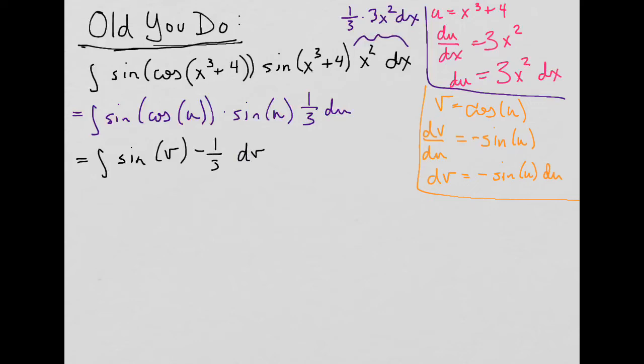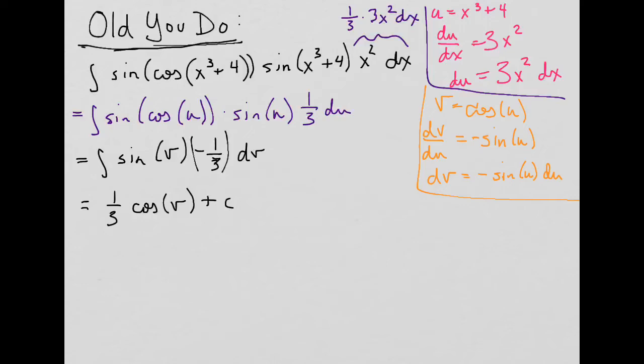So that 3 is coming out a little funky. All right, so then this is times negative 1/3, not minus 1/3. So the antiderivative of sine of v times negative 1/3 dv is going to be negative 1/3 times negative cosine of v. So that will be 1/3 cosine of v plus c.